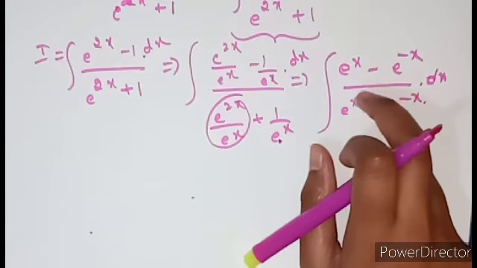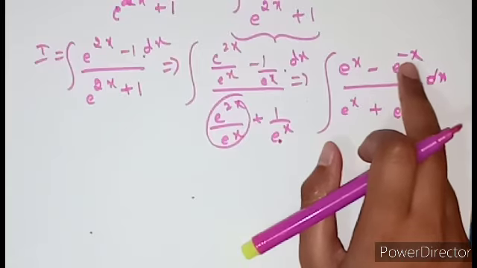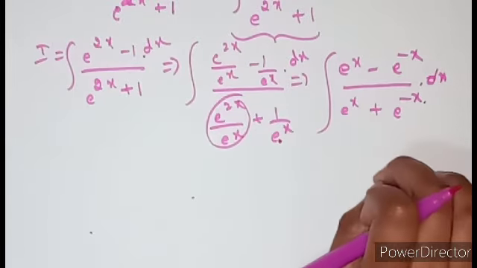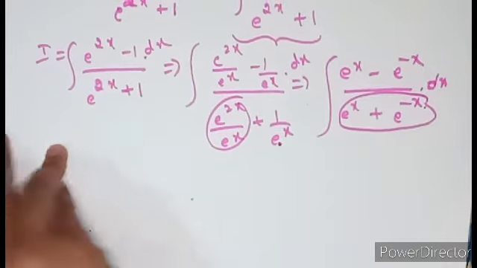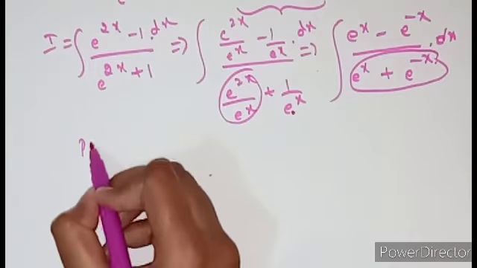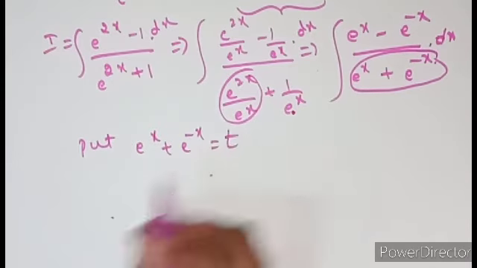If you take e power x minus e power minus x as t, you will get this one. So you can take whatever you want. I am taking this function as t. So put e power x plus e power minus x equals t.